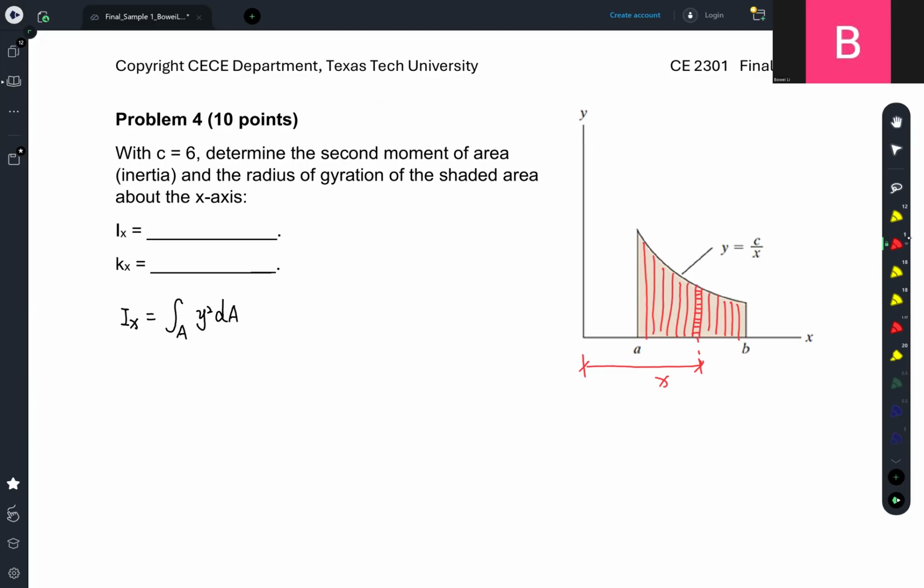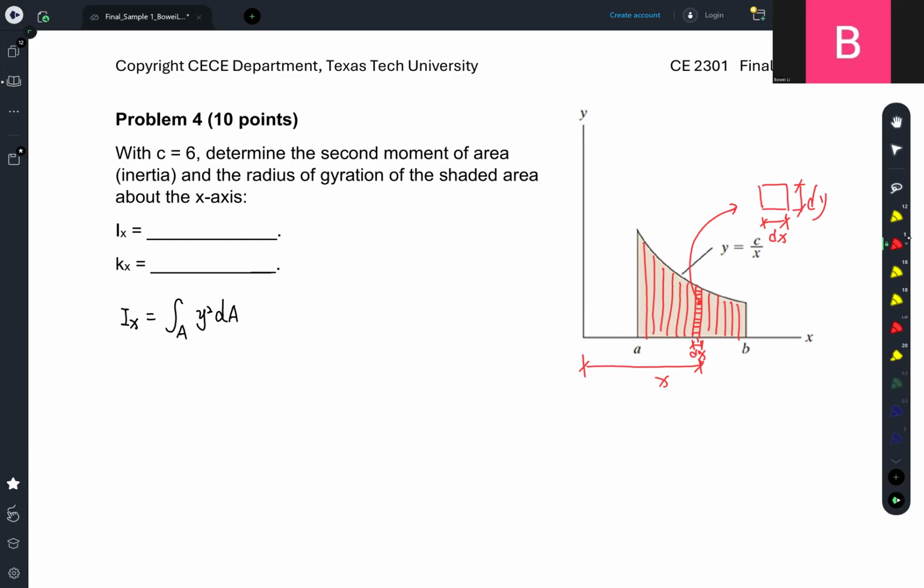So for a specific area, if I take that out, the width is dx and the height is dy. This kind of dividing along y is applied for every single infinitesimal slice.